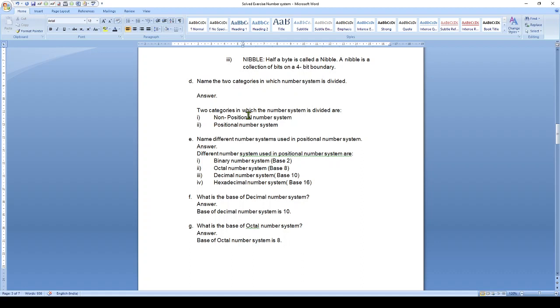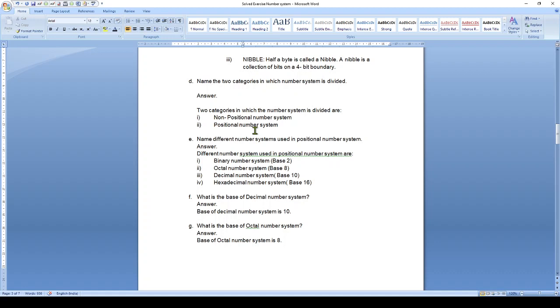They used an additive approach to count the numbers, and the positional number system is used by us. Examples are the decimal number system, the binary number system, the hexadecimal number system, the octal number system. All are positional number systems, right? So the 2 categories of number systems are non-positional number system and positional number system.